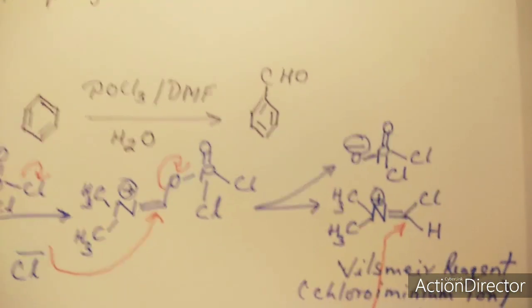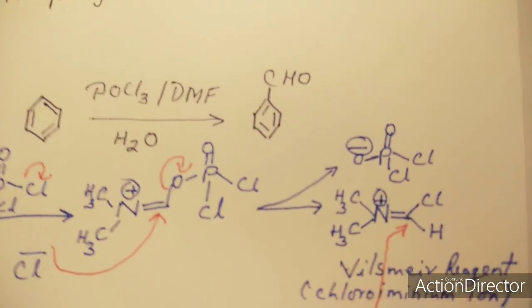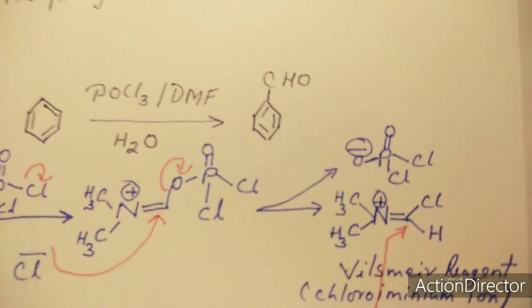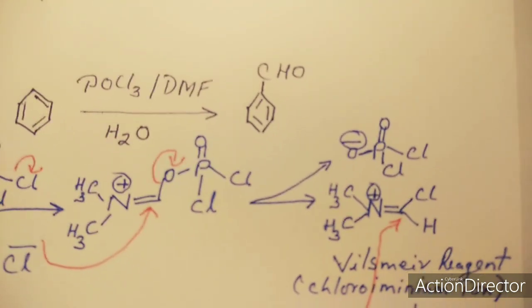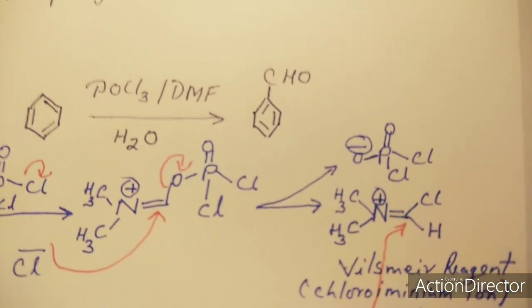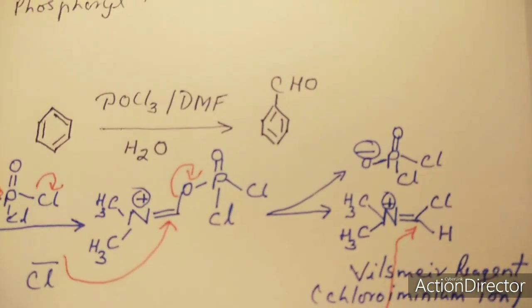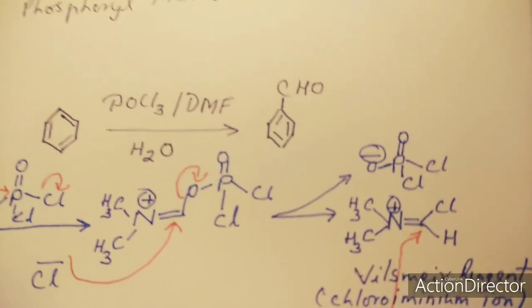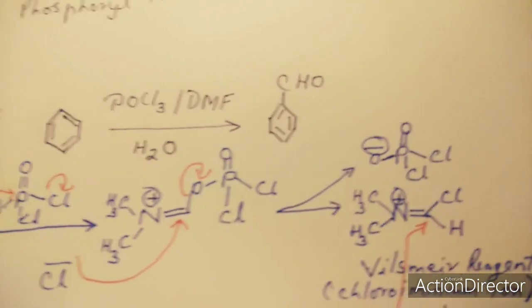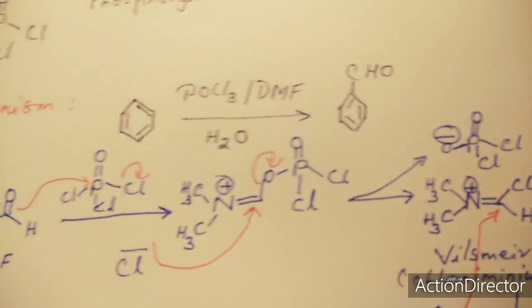Now this Vilsmeier reagent we have generated is an electrophile. Now the reaction will proceed as electrophilic substitution reactions do. This will attack the benzene ring, or the pi-rich, electron-rich substrate, in order to give us the product.